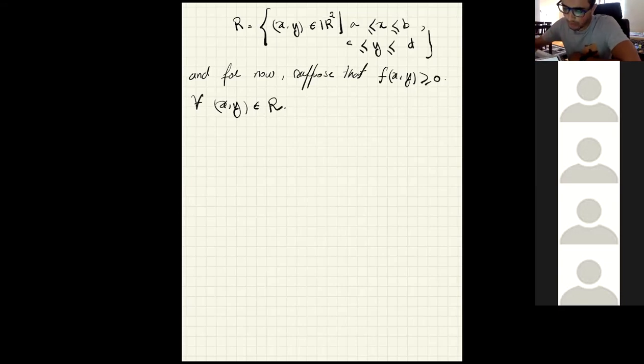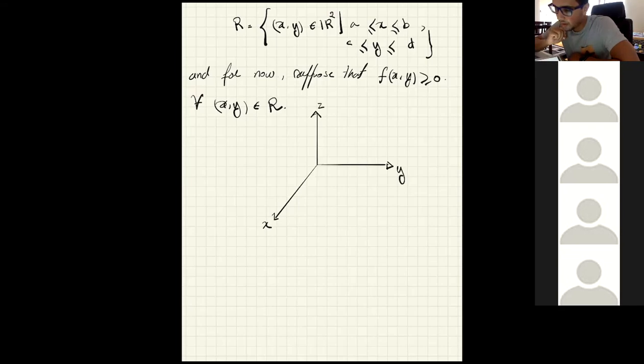Okay, so let me do a graph again. In this class, you will have to get comfortable with 3-dimensional graphing. So this is the x-axis, this is the y-axis, and this is z.